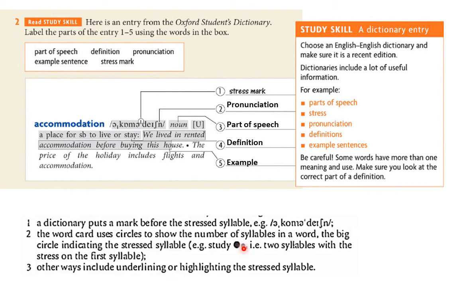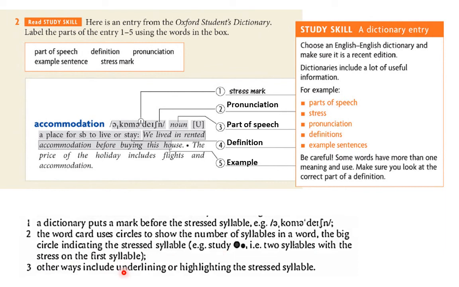We can see the circles have the same size, but one of them is the biggest. The biggest one means the stress mark. In this example, study, there are 2 circles, which means 2 syllables with the stress on the first syllable.